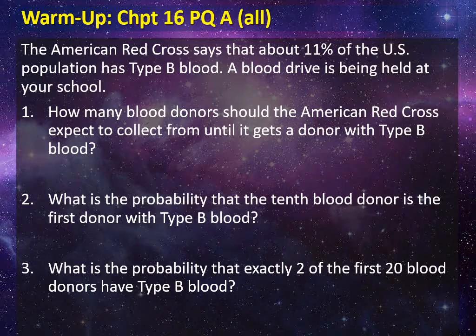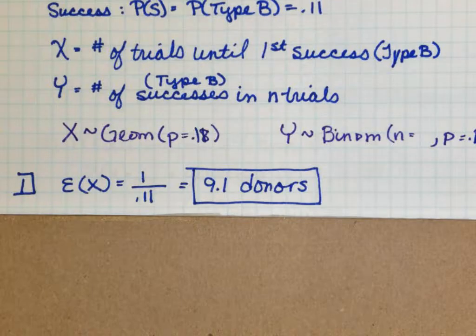So is that geometric or binomial? Geometric. So when we look at this, I'm saying the expected value of X because we're talking about the go until. And the formula for that is 1 over P. So it's 9.1 donors.